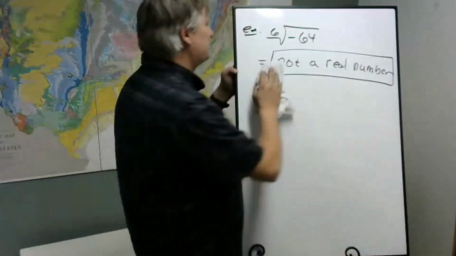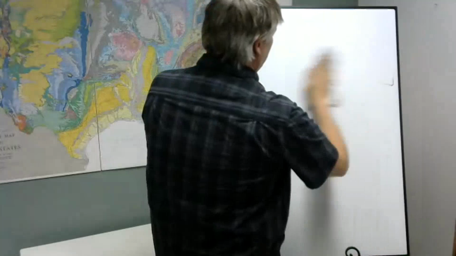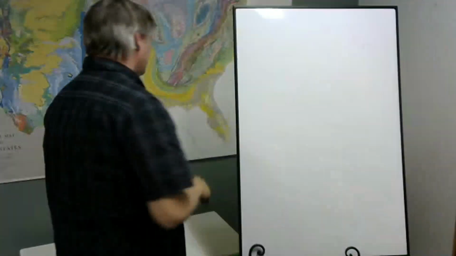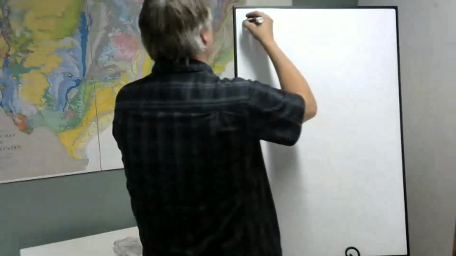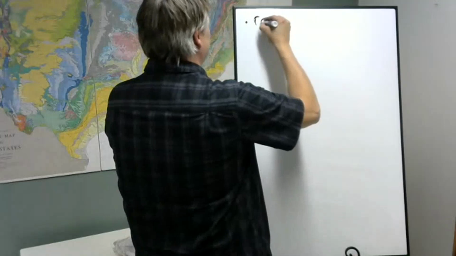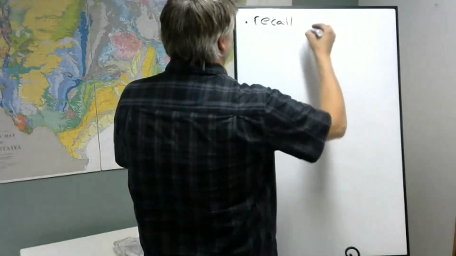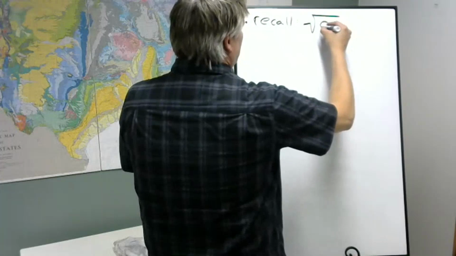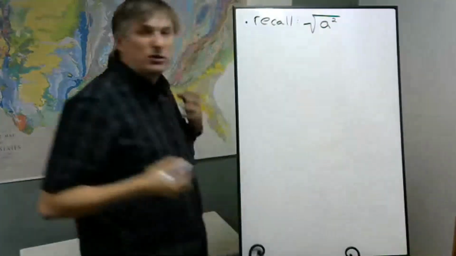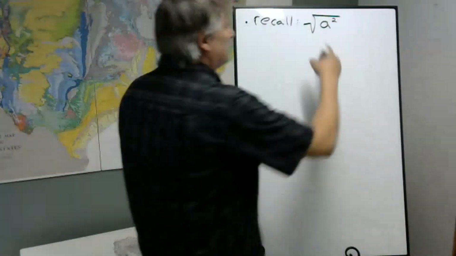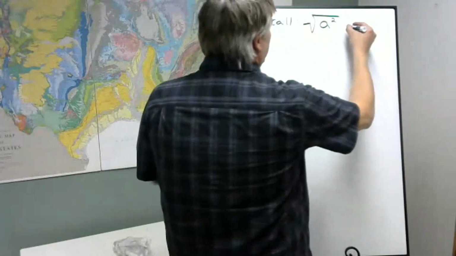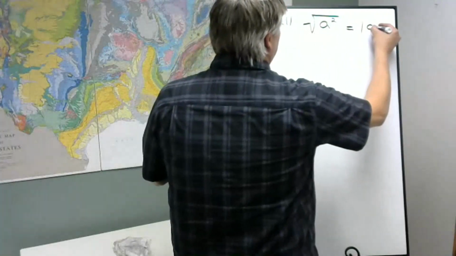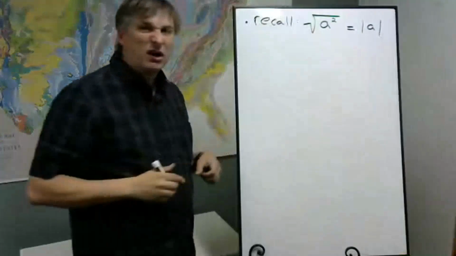So we want to talk about, again, these absolute values. So let's recall this. If we take the positive square root of something squared, it could be a number, it could be x, we get the absolute value of whatever that was.